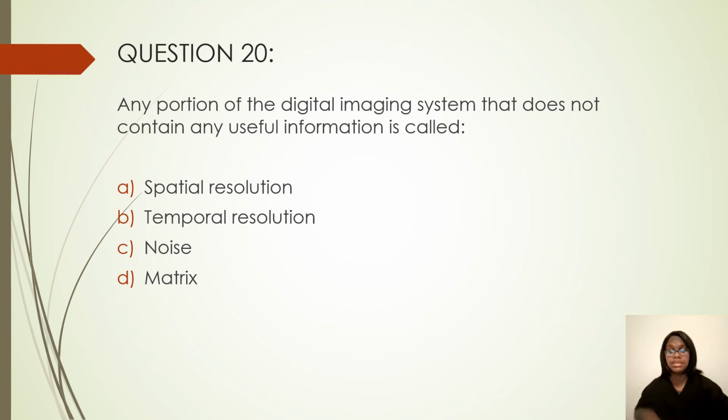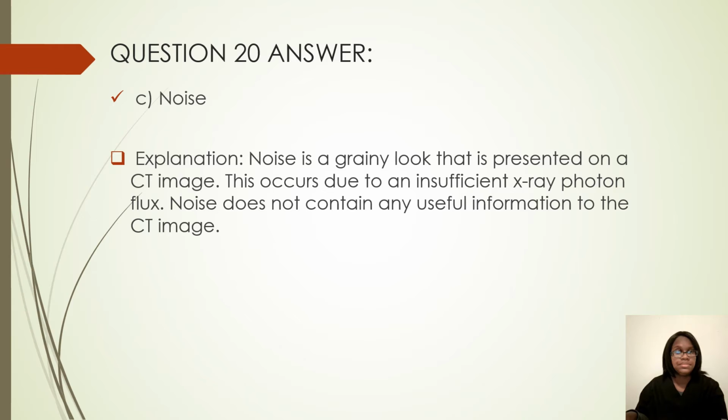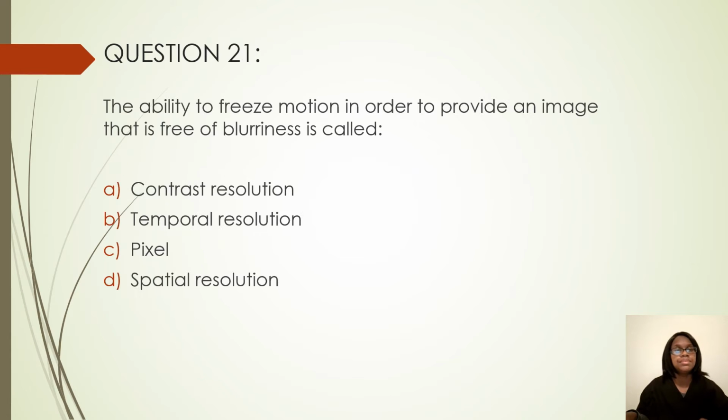And I'll give you just a moment to see. Noise. Noise is going to make the image appear grainy. It doesn't have any useful information for the image, so that's why we do not like noise, because it's going to look grainy. It may make the images look like salt and pepper. It's not going to look as clear.